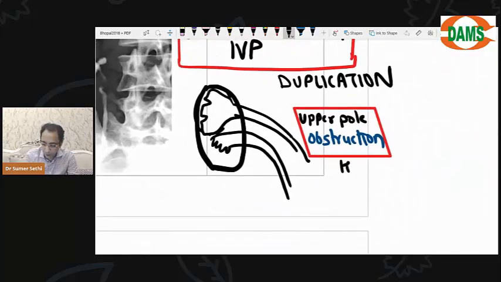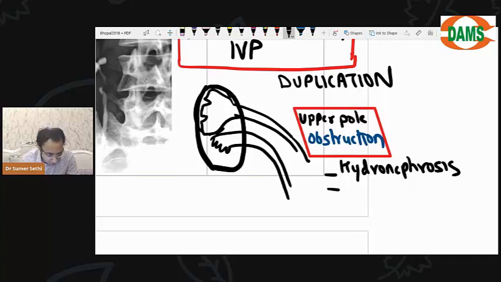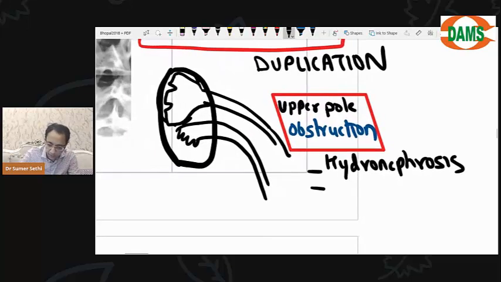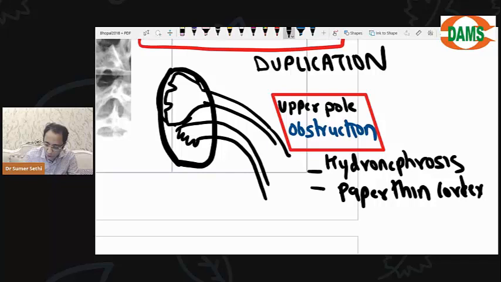If there is a lot of hydronephrosis, if it is a severe hydronephrosis, what will happen to the cortex of the kidney? The cortex of the upper pole will become paper thin. It will be as thin as paper, useless.